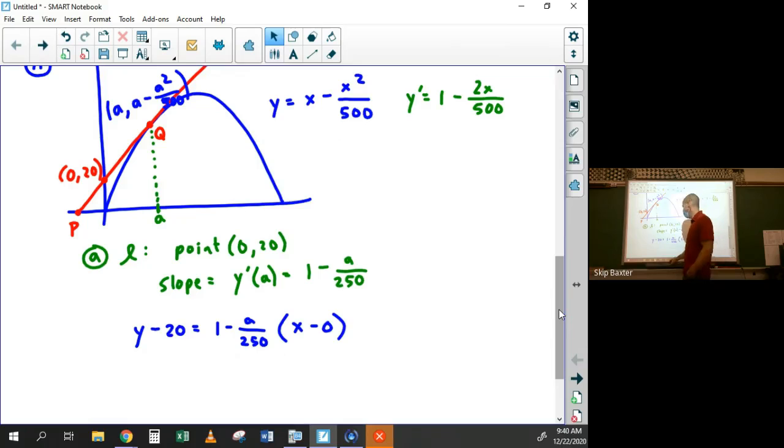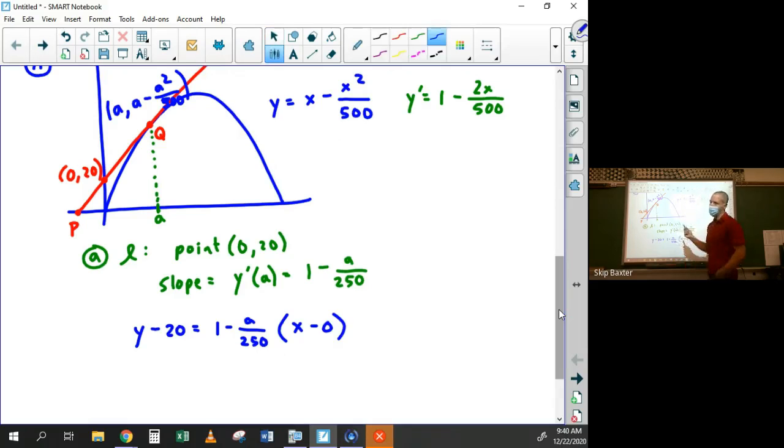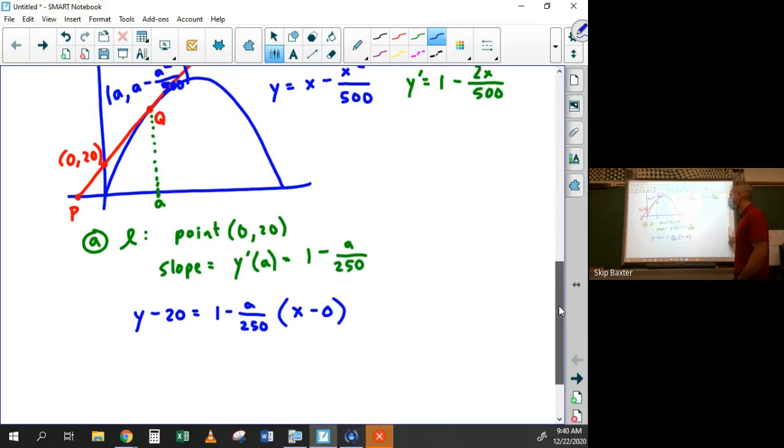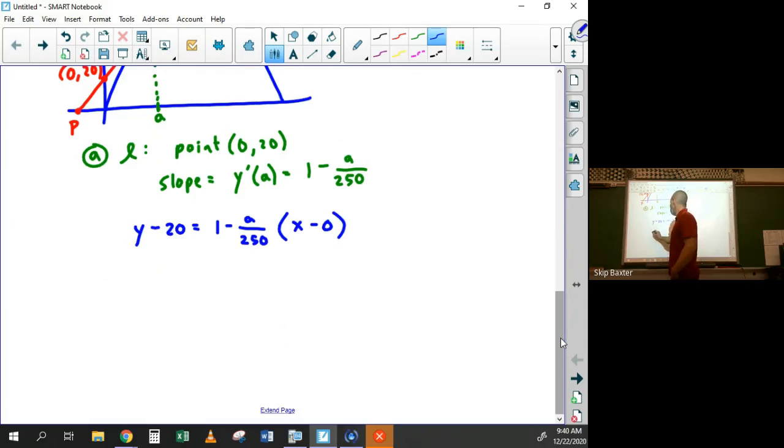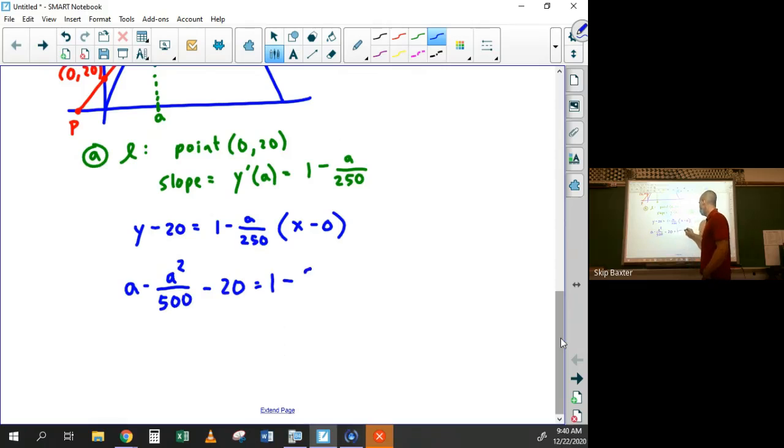I know it's a little bit complicated. This is an actual question, by the way, from the 1996 calculus AP exam. So this would be a minus a squared over 500 minus 20 equals 1 minus a over 250 times a.